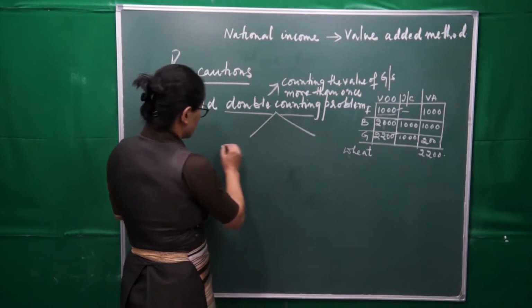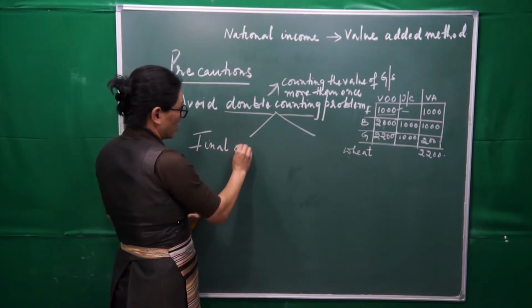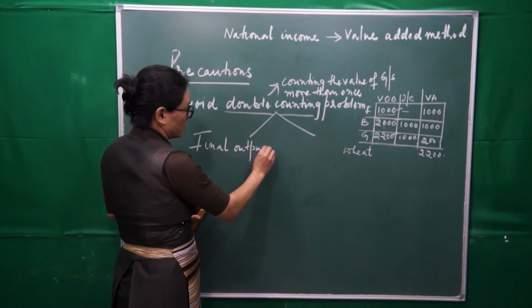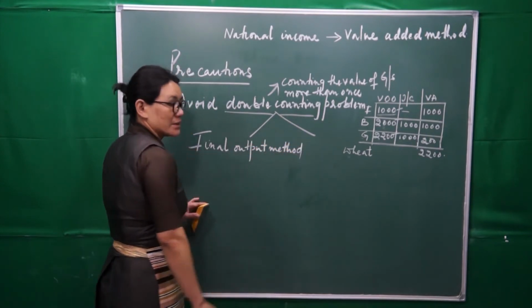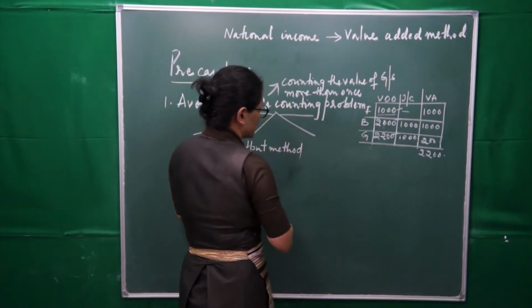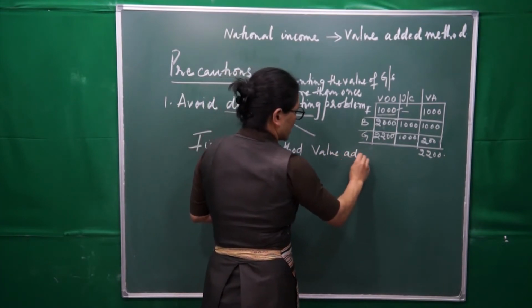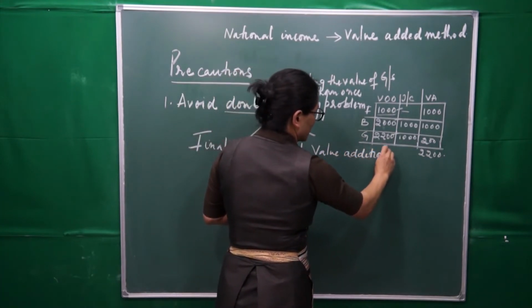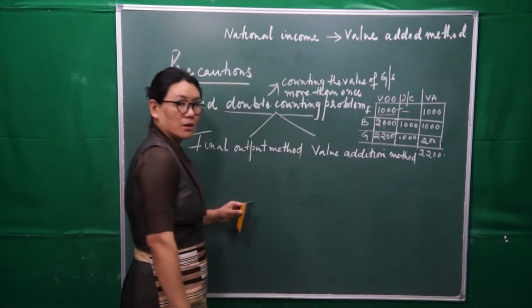One method is the final output method, and the second one is the value addition method.